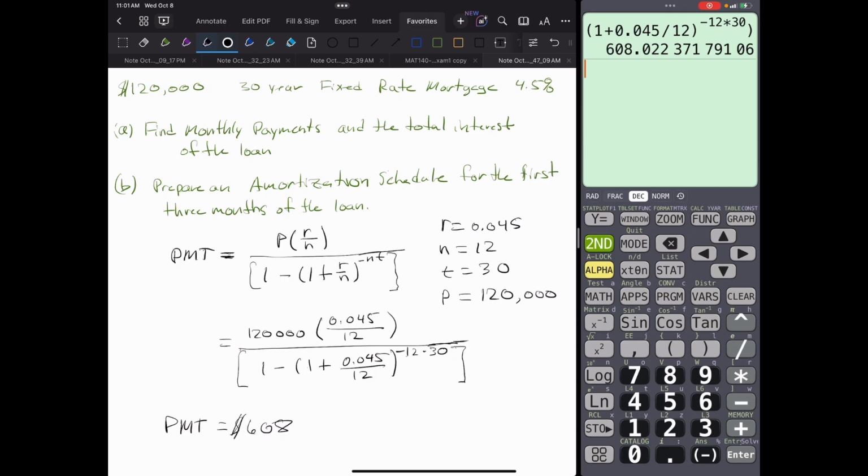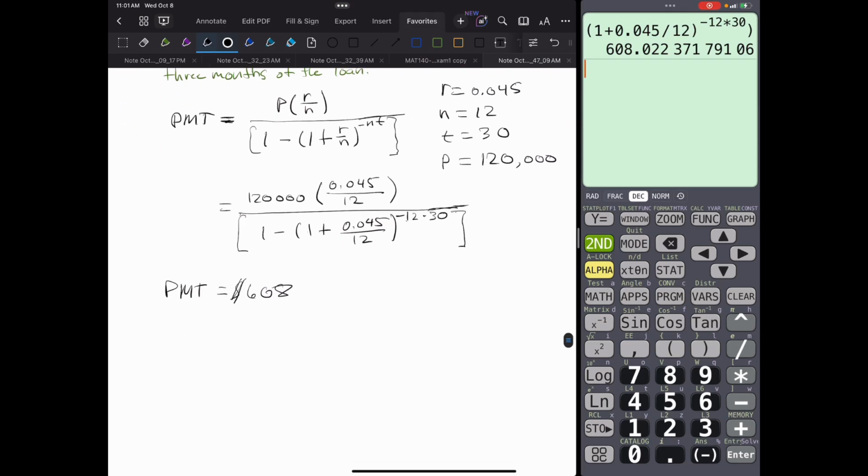Okay, so the way I'm going to figure that out is I'm going to say that I'm paying in $608. Let's change colors, just because that seems like a good idea. It's a different calculation, so we'll put some separation here. So I'm paying in $608, and I'm paying that 12 times a year for 30 years.